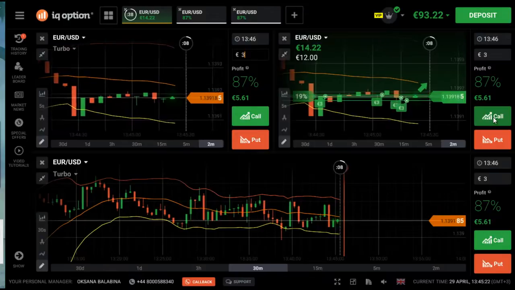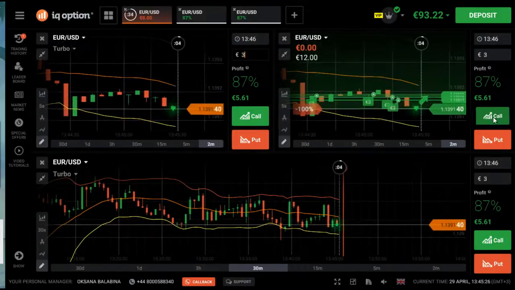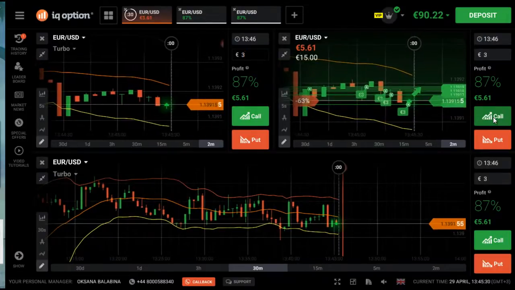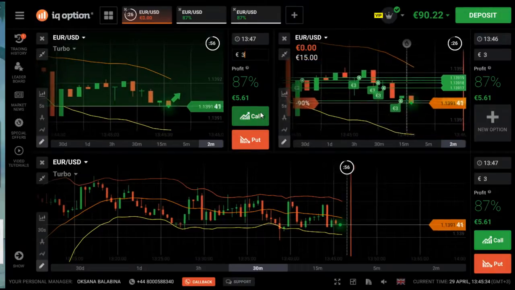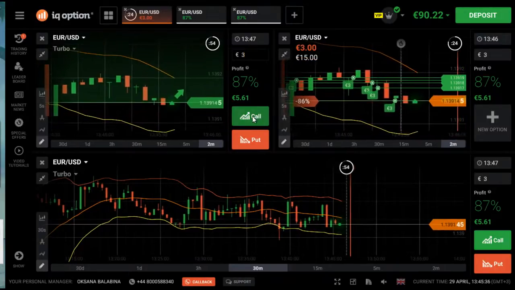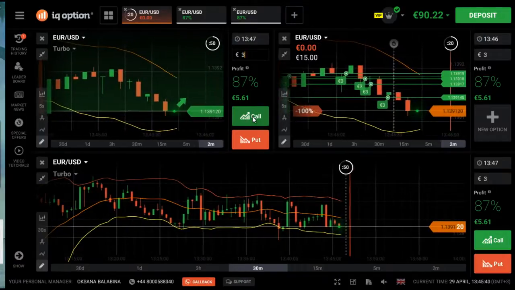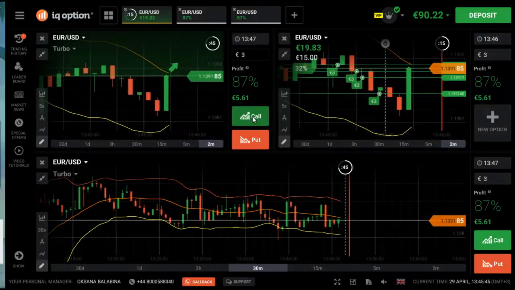And what I'm doing is the top windows magnified 5 second chart, so you're just looking at the tip of the candles more accurately.